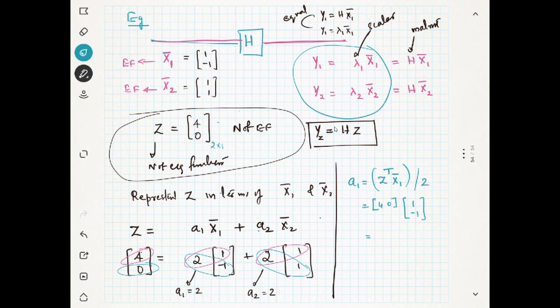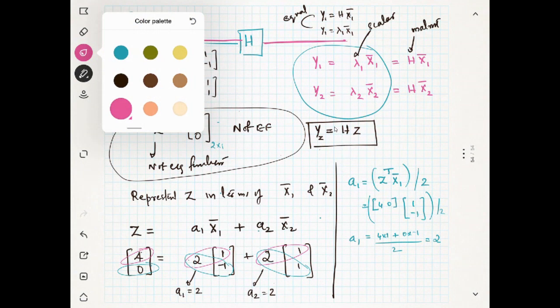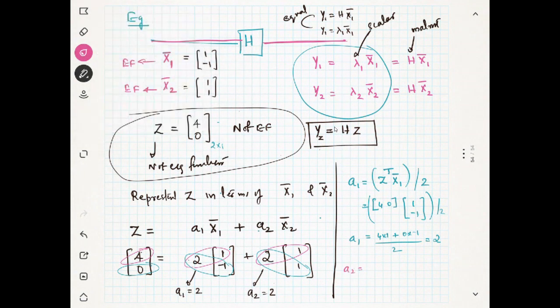You will get 4 into 1 plus 0 into minus 1, divided by 2. So what is the answer? You will get 2. Do you agree with me? Similarly, in the same way, you can find a2. How to find a2?